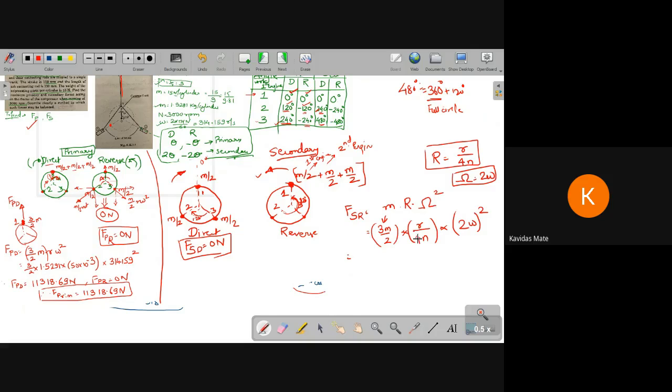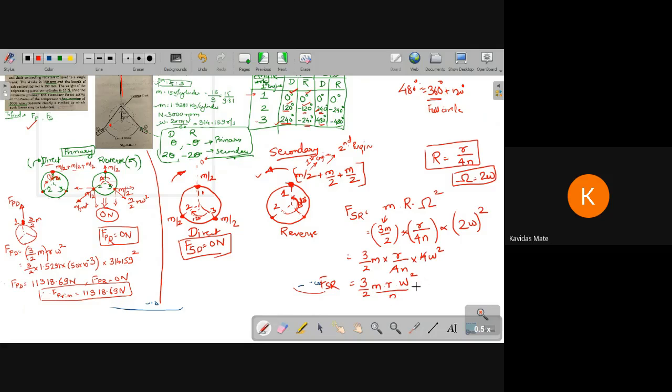So if you substitute this one, 3 by 2 m into r by 4 n into 4 times omega square. So this 4 gets cancelled out. So it becomes 3 by 2 m r omega square upon n. So FSR, this is secondary force for reverse.